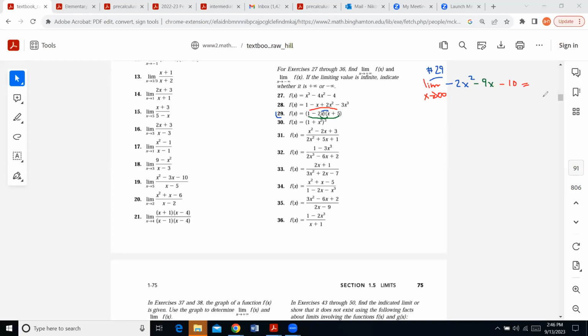Well, and then I can see that this term goes to infinity, therefore everything goes to infinity with a sign negative because of minus 2. I wasn't picking on that minus sign, but to be precise, it's negative infinity.